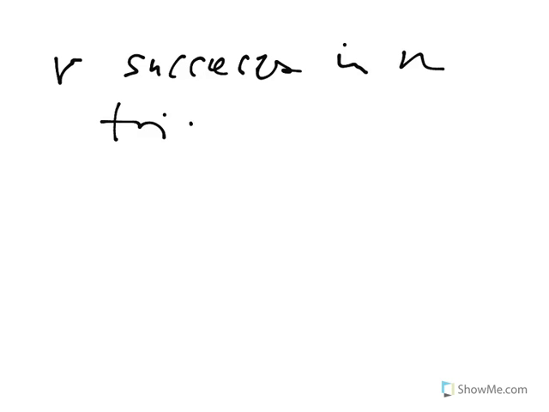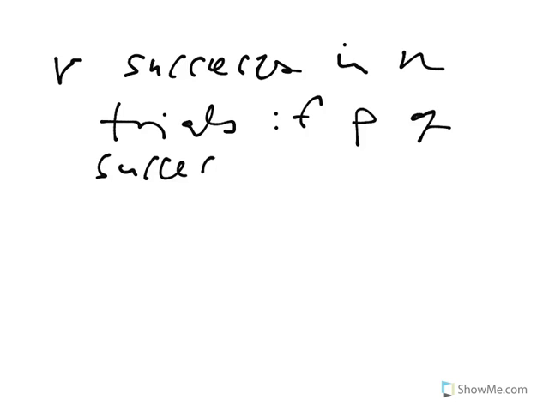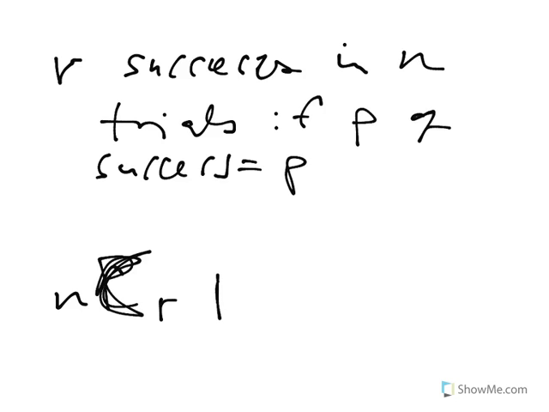The official formula is for r successes in n trials, if probability of success is equal to what's called p, it's going to be nCr times p to the r power, times (1 minus p) to the n minus r power. Now if the probability of success is 3/5, failure is 2/5, it's always 1 minus p.